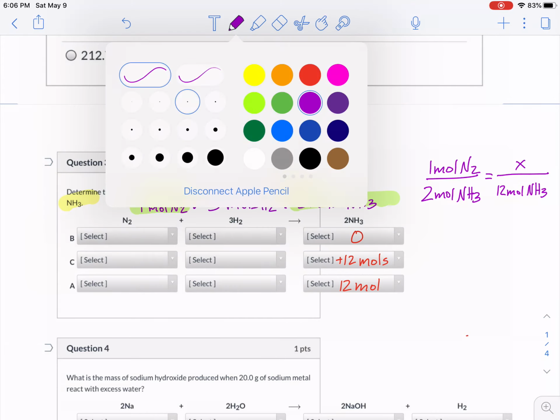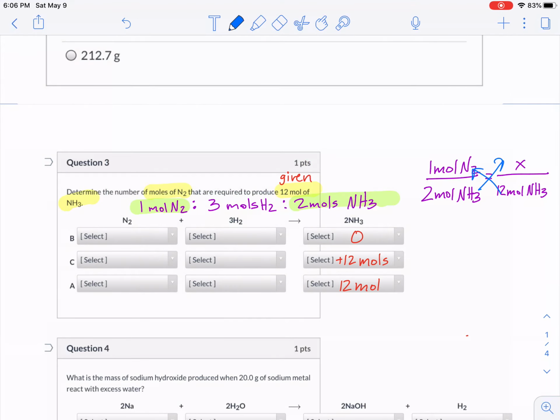Now at this point, you just cross multiply, divide, and solve for x. I solved that I need 6 moles. Again, some of you may have done that in your head. That is okay. We have to start with 6 moles of, not ammonia, it was nitrogen. Okay, so we needed 6 moles. We're going to use up all 6 moles to produce our product. We're not going to have anything left.